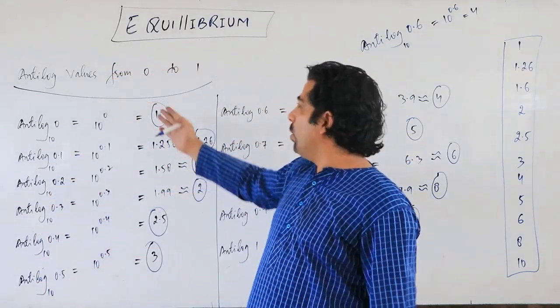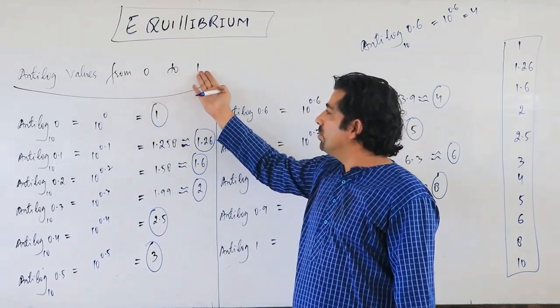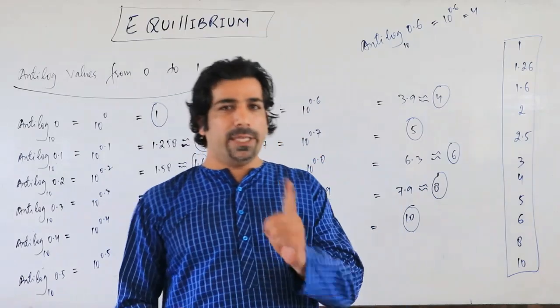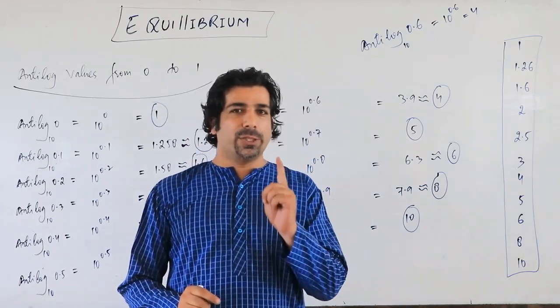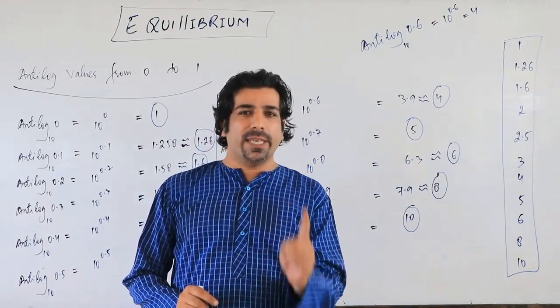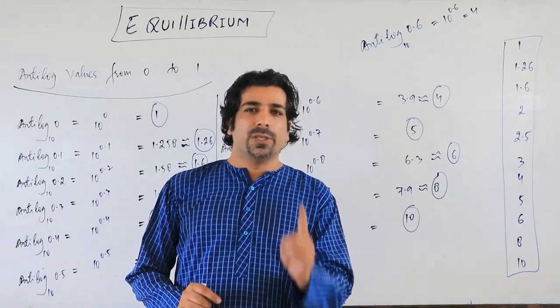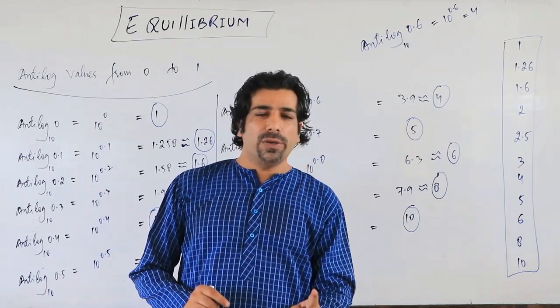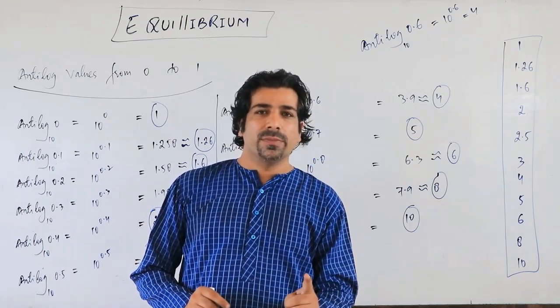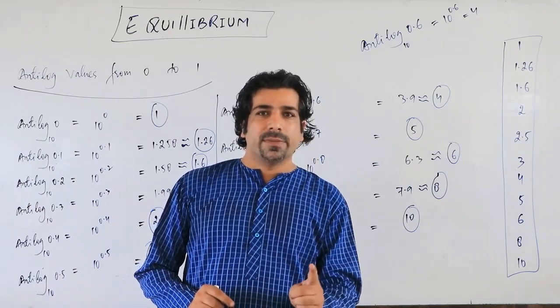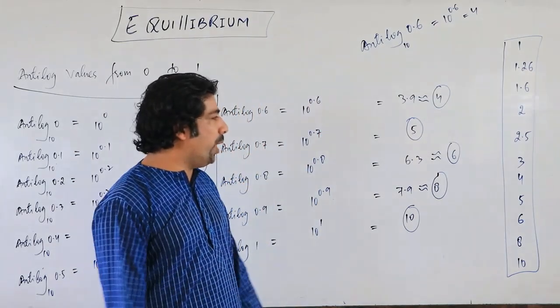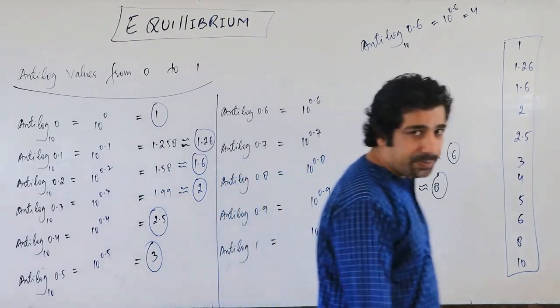Actually these are the antilog values from 0 to 1. So obviously let us practice it once again: 1, 1.26, 1.6, 2, 2.5, 3, 4, 5, 6, 8 and 10. So I hope you have understood these things or not.